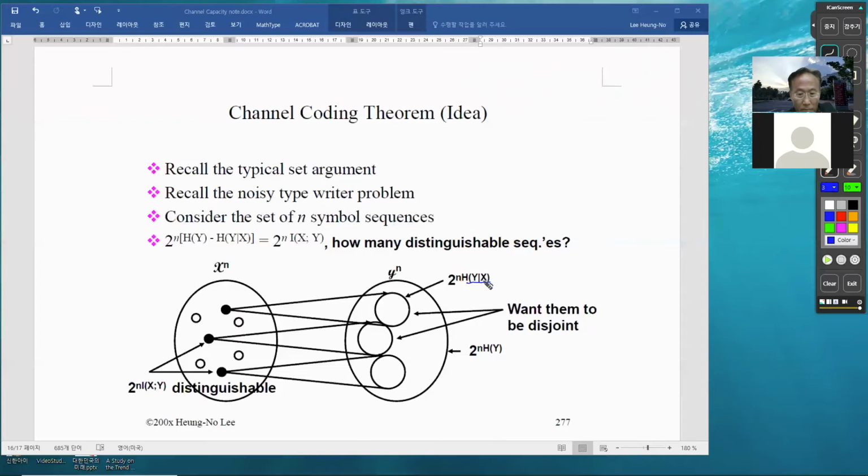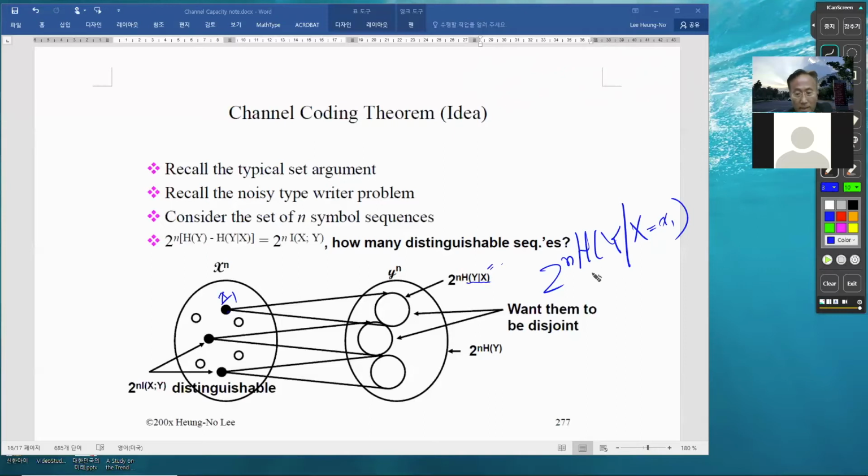This is the entropy, the uncertainty on y for a fixed x, say x1. So 2 to the power of n H(Y|X = x) for a certain fixed one.